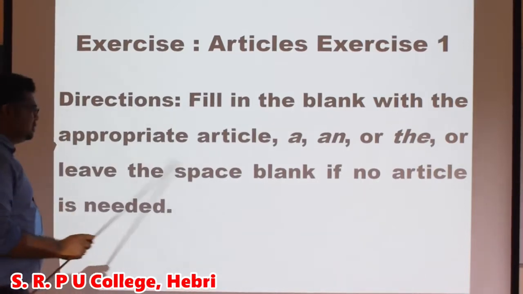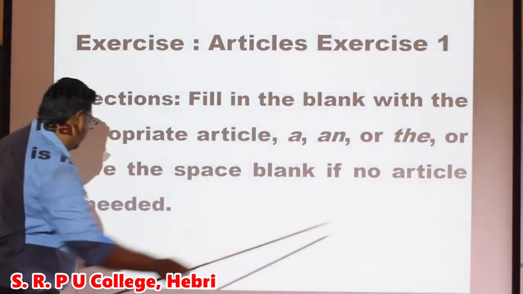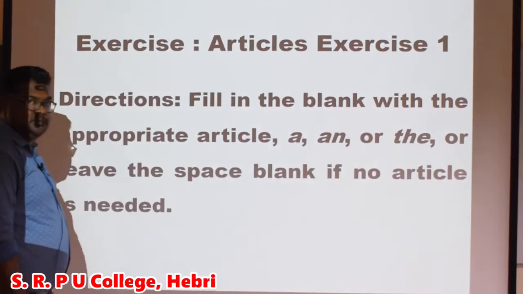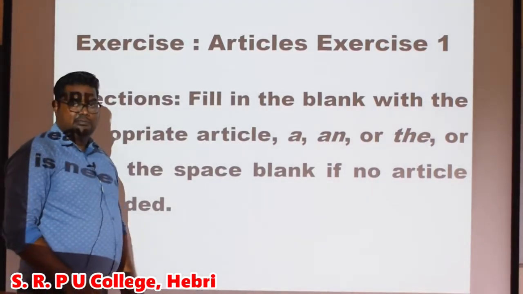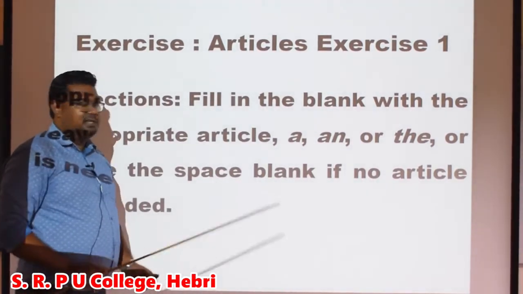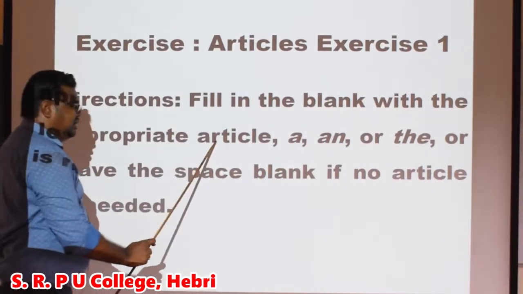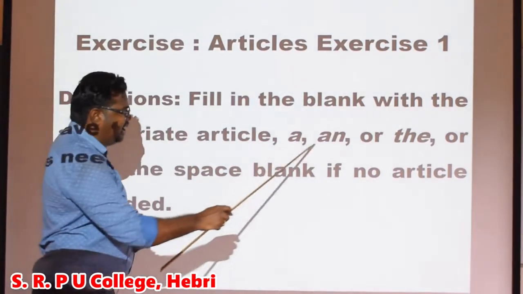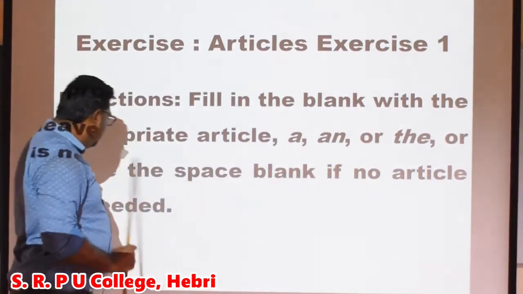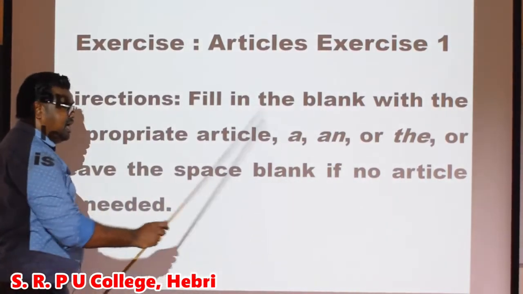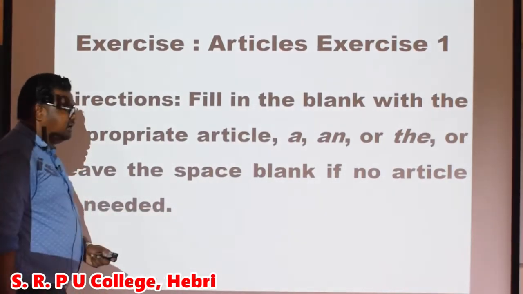So leave the space blank if no article is needed. I'll repeat once again. The instruction goes like this: fill in the blank with the appropriate article, that might be a, an, or the, or leave the space blank if no article is needed.